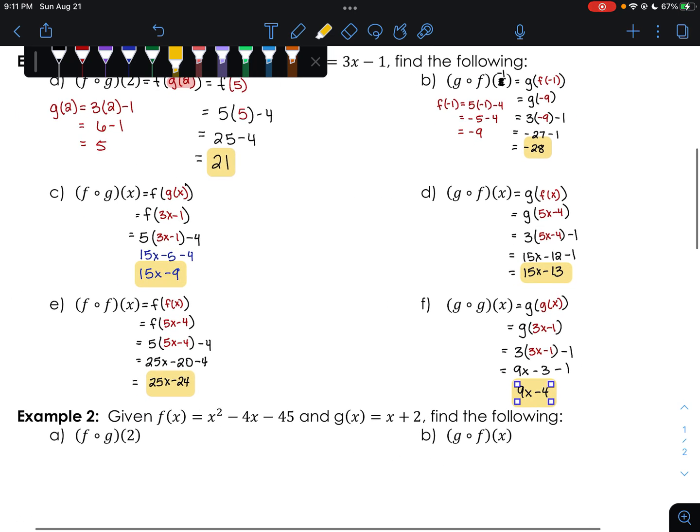Now, what I do want to point out again is that if you look at f and g, the order in which we compose functions does matter because you do not get the same result always. Okay, there is a special case and we'll be talking about that later. But as of right now, when you compose f of g of x, it is not the same as g of f of x.